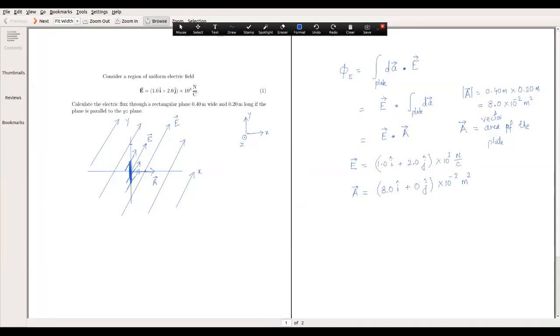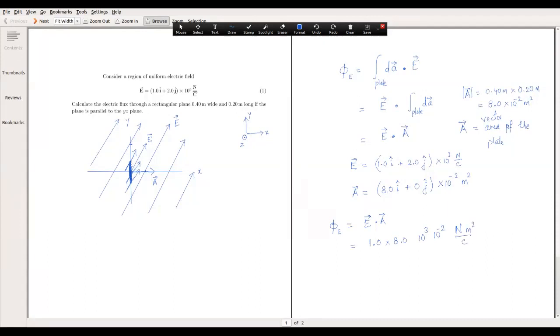So the flux, which is the dot product of the two quantities, is now easy to see. We multiply the i hats together plus the j hats. J hats multiplied gives you 0. So that's 1.0 into 8.0. And then the powers are also 10 raised to 3, 10 raised to minus 2, and the units are newton meter square over coulomb.